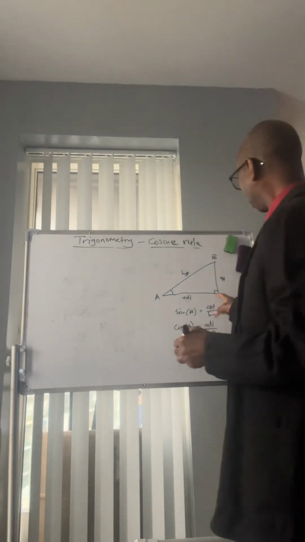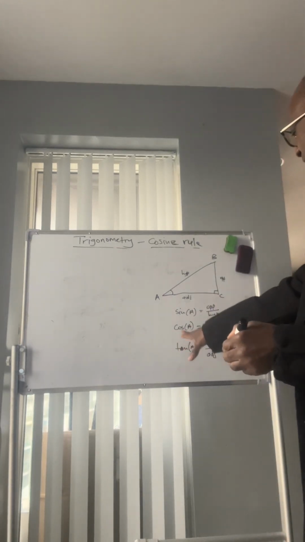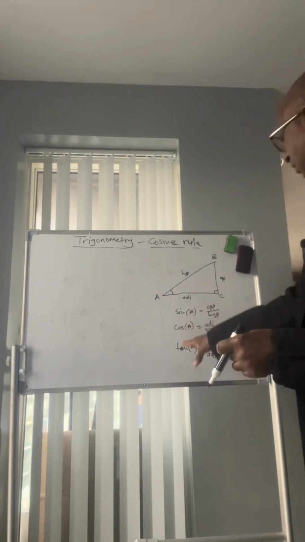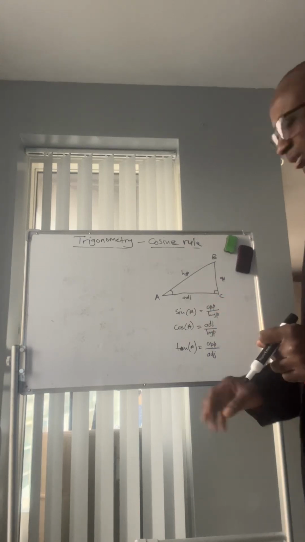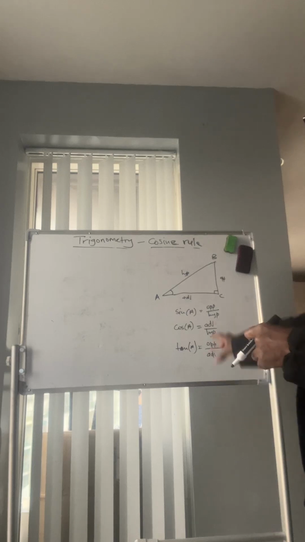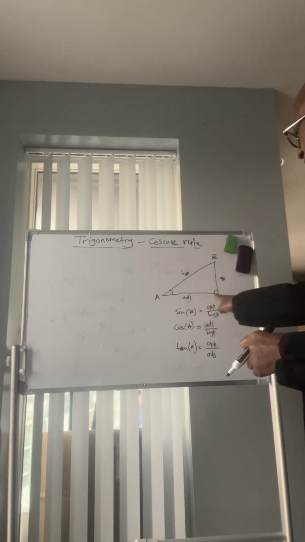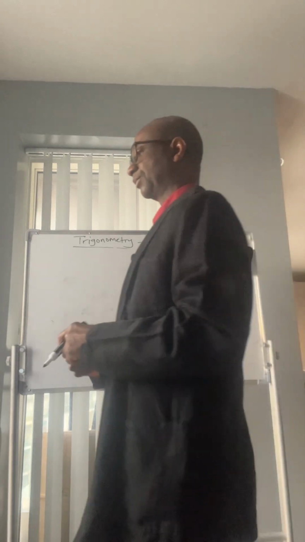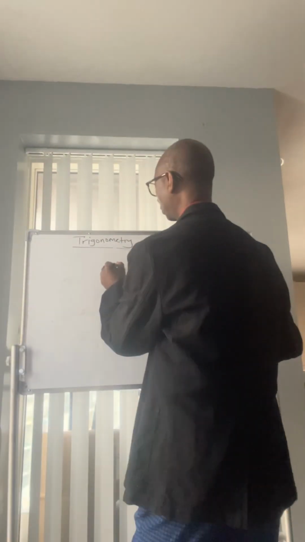Now, these formulas here, sine A opposite upon hypotenuse, cos adjacent upon hypotenuse, tangent opposite upon adjacent, are only applicable when one of the angles in the triangle is 90 degrees. Suppose now you have something like this.